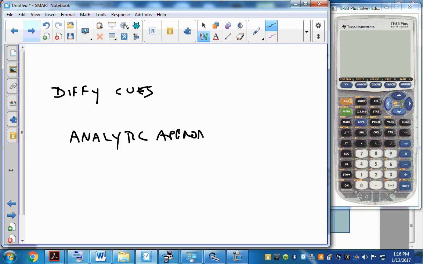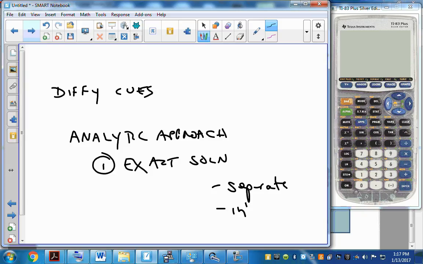This will give you the exact answer, the exact solution. And that's what we're going to do today, right? And that involves separate and then integrate, throw in the constant, etc. All the stuff we did yesterday, we'll do that today.